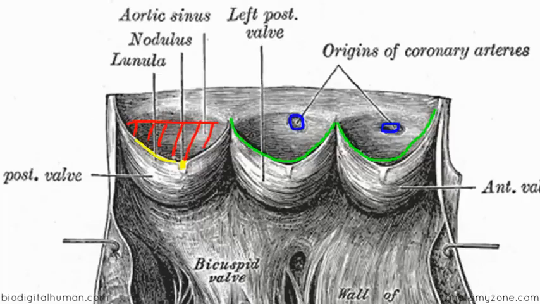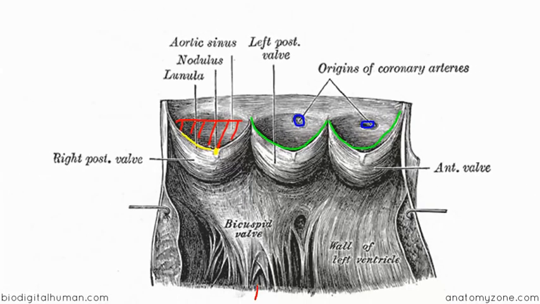This is important to know about because during systole, during ventricular contraction, you get blood rushing out through the ventricles and out through the aortic valves into the ascending aorta. And then during diastole, when the ventricles relax, you get blood flowing back down the ascending aorta, and you get pooling of the blood in these sinuses.